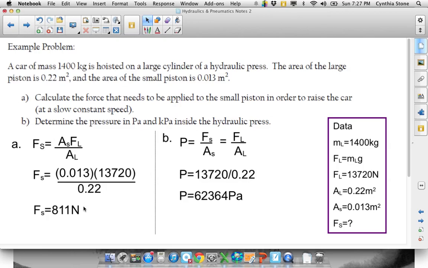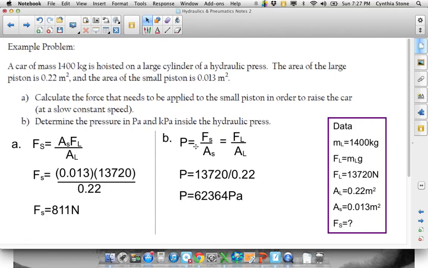And so to push up a load of 13,000 newtons, you need to apply a force of 800 newtons. And if you remember mechanical advantage, FL over FS, that's about 15. That's a good mechanical advantage you're getting out of that. Okay, and then it says determine the pressure inside the press.